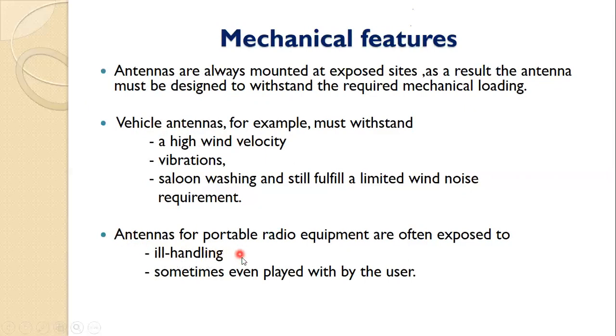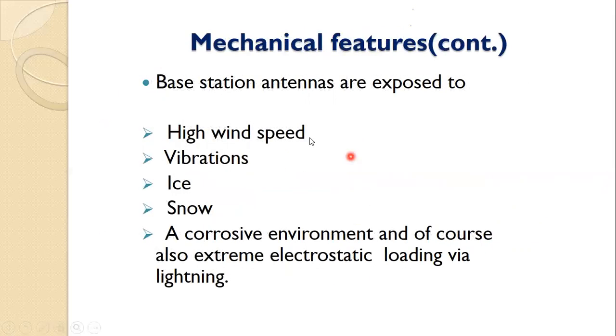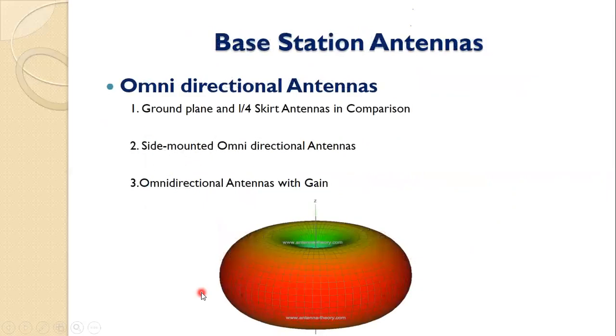Antennas for portable radio equipment are often exposed to ill handling, sometimes even played with by the user. Base station antennas are exposed to high wind speed, vibrations, ice, snow, corrosive environments, and extreme electrostatic loading via lightning. All these things should be addressed while designing antennas.